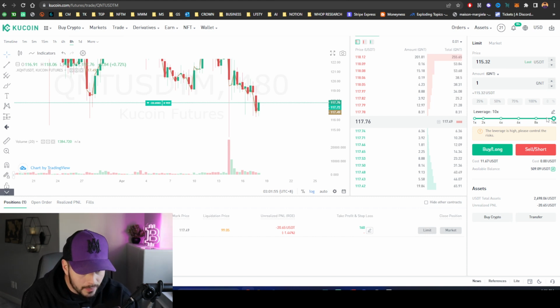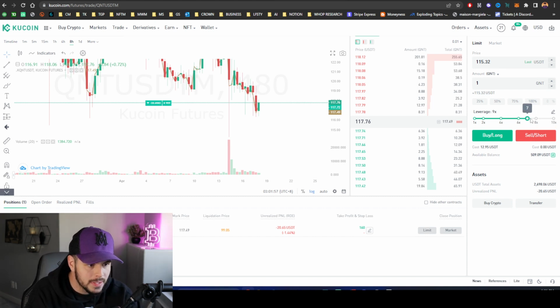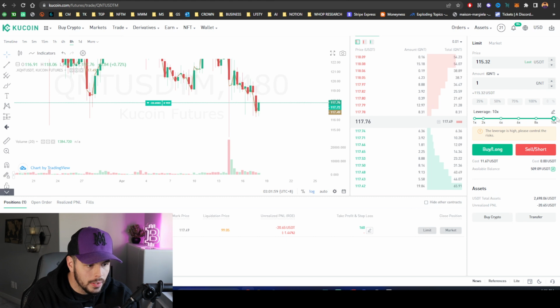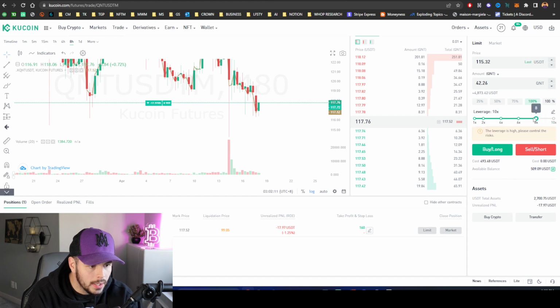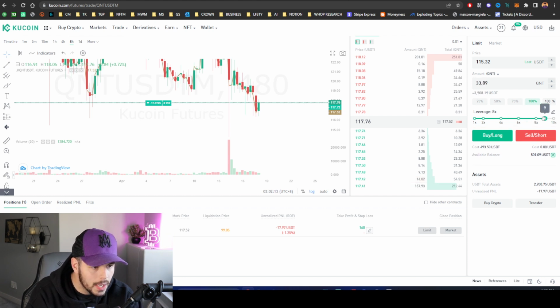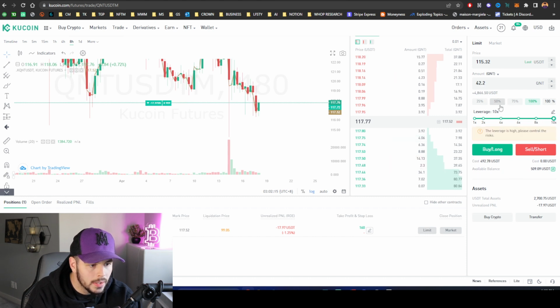That would actually make this position worth, hold on. Is this even working here? Hold on. Let's put 100% of our bag. Okay, there we go. Am I tripping right now? Oh no, right here, 10. So here we go, 42 quant, right? You can buy this for only that 509, right?